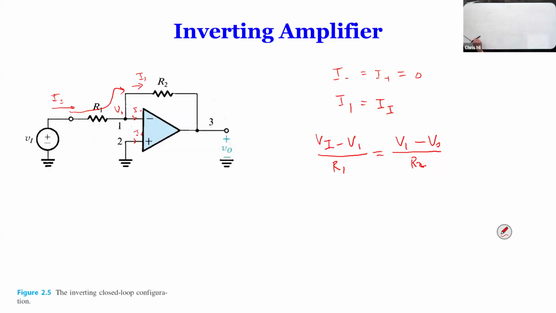So we know VO equals A, which is of course infinity, times (V2 minus V1). I want to make sure you understand: I write V2 minus V1, not V1 minus V2, because V2 is positive and V1 is negative. So the output is the positive input minus the negative input, multiplied by the gain.